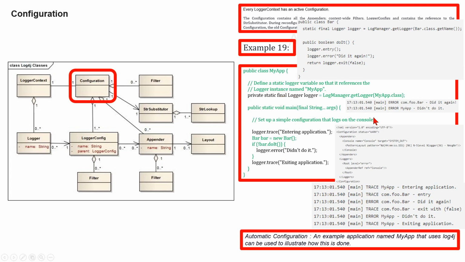When Log4j starts, it will locate all the ConfigurationFactory plugins and arrange them in weighted order from highest to lowest. As delivered, Log4j contains four ConfigurationFactory implementations: one for JSON, one for YAML, one for properties, and one for XML.